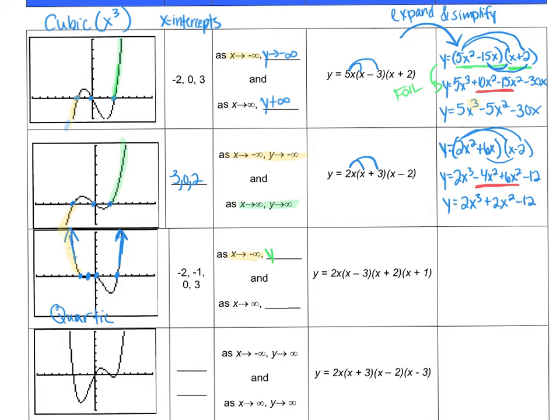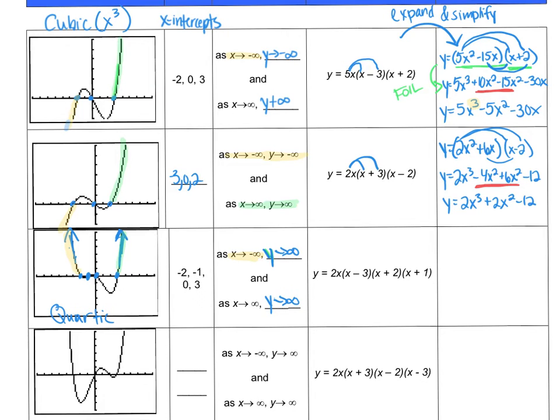So we would say y is approaching positive infinity. And if we look on the positive end, or the right end, as x is approaching positive infinity, as x is getting more positive, what's happening to y? It looks like y is also continuing to get more positive, or approaching positive infinity.